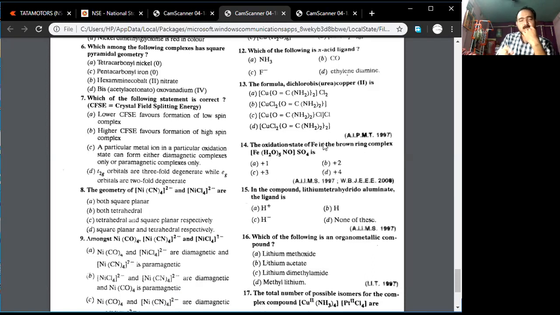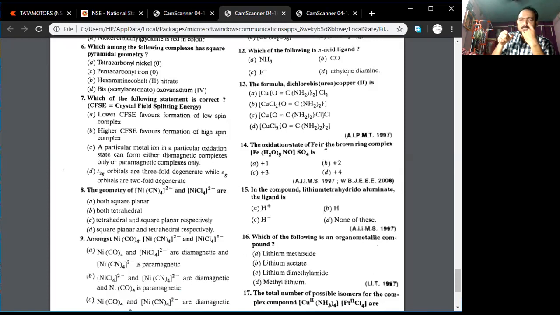When you do this experiment in your laboratory for nitrate ion, you should first dissolve the given salt in some amount of water, then add freshly prepared ferrous sulfate solution, and then heat the solution and cool it down.